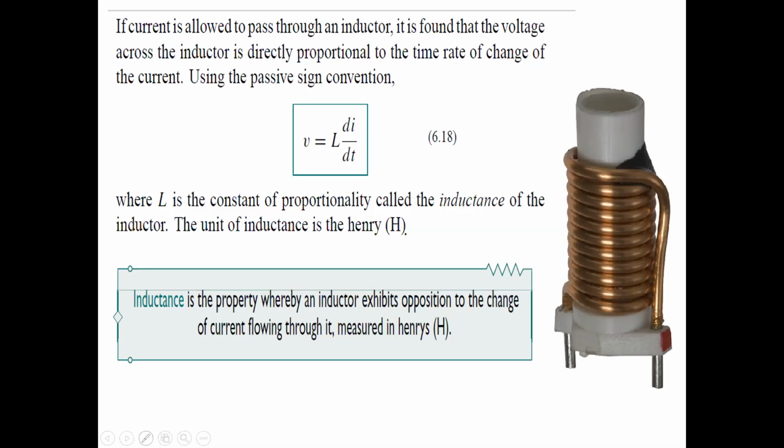So this is 2 milliampere current flowing in the inductor, and suddenly you want to increase the current to 2.5 milliampere.